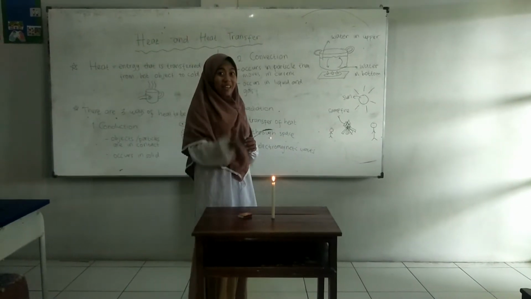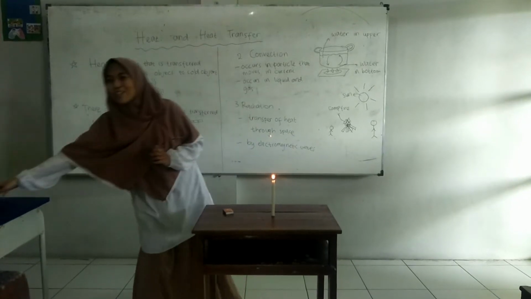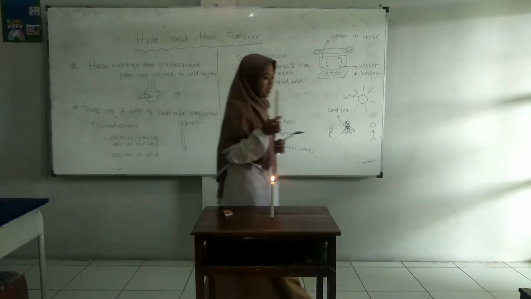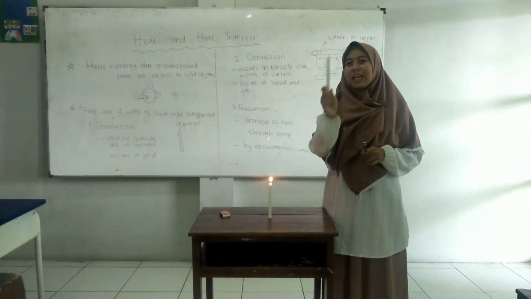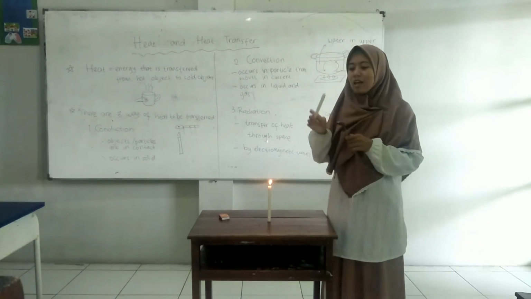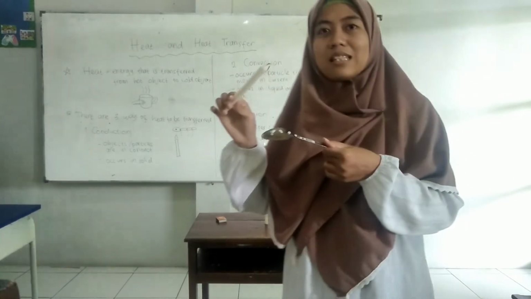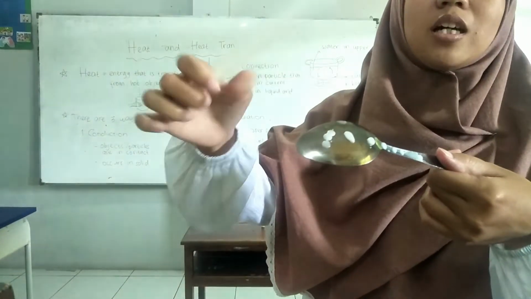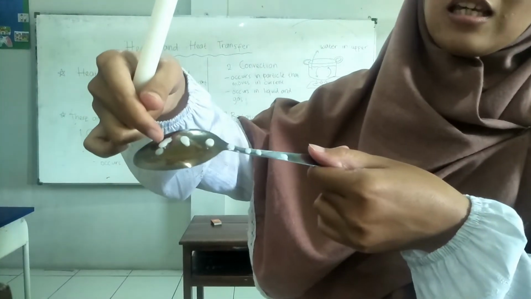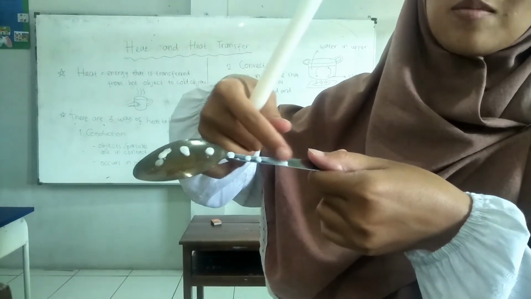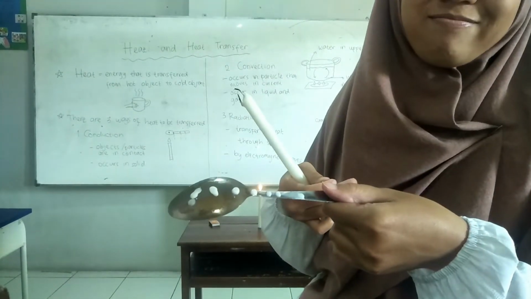Here, I have a candle, I have a match, and I have a spoon, and I also have a candle again. I will light the candle, then melt the candle, and let some of the candle stick to the spoon. You can see that there is some melted candle that sticks to the spoon, and this melted candle has already turned to solid form again.